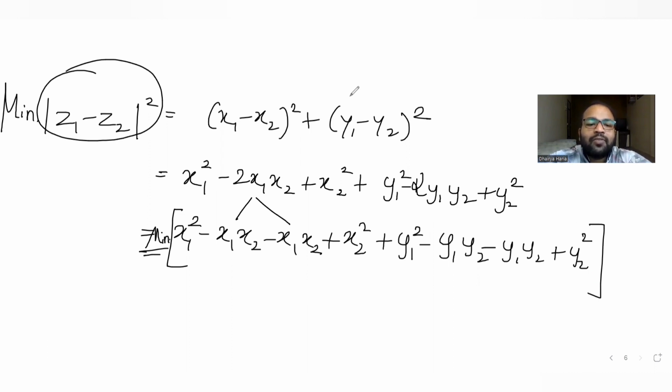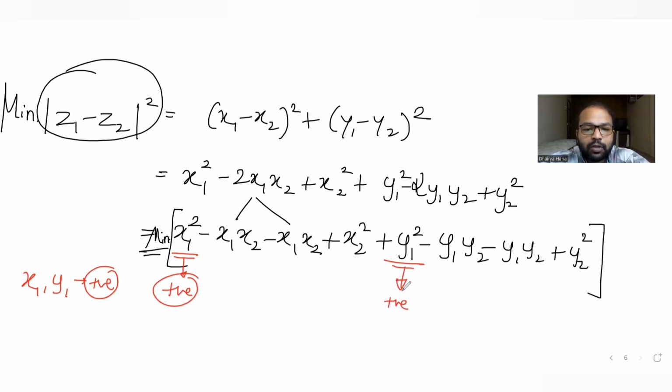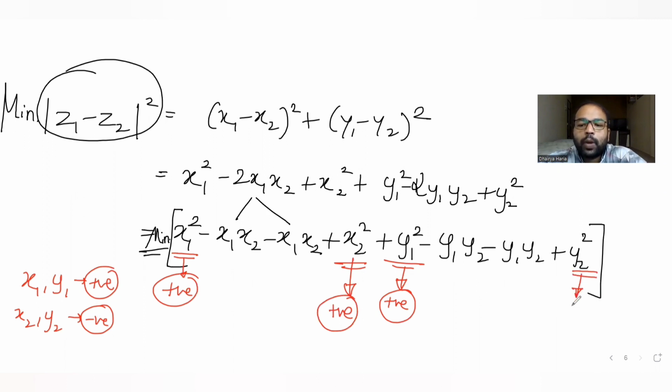Now if I check the signs for these terms, we already know that x1 and y1 are positive. So the square of x1 is positive. The square of y1 is also positive. We also know x2 and y2 both are negative. Because x2 is negative, the square of that is again going to turn out positive because a negative square is positive. Y2 square is also positive. If I figure out the product here, you get this minus x1 into x2.